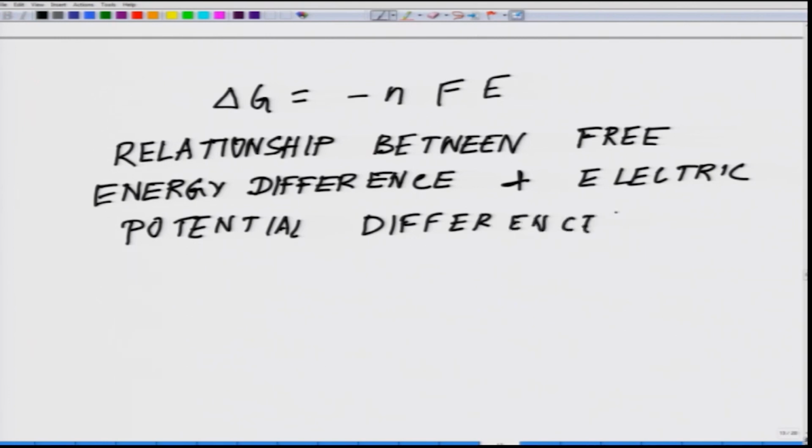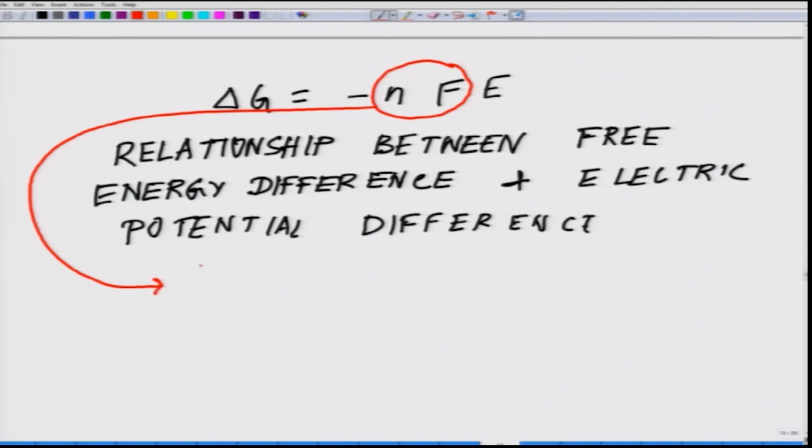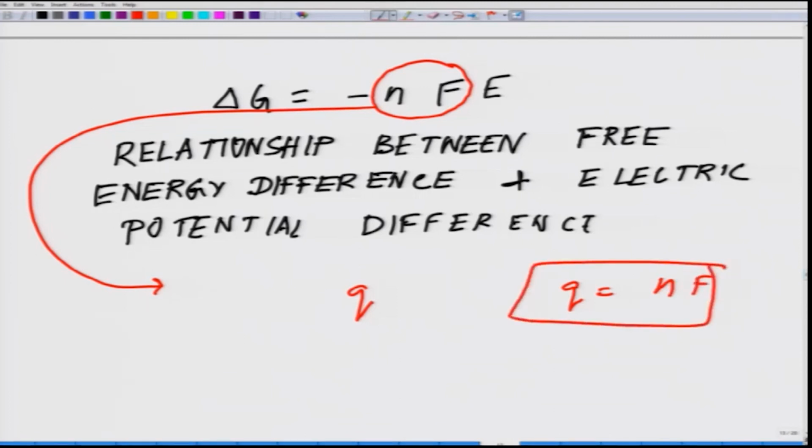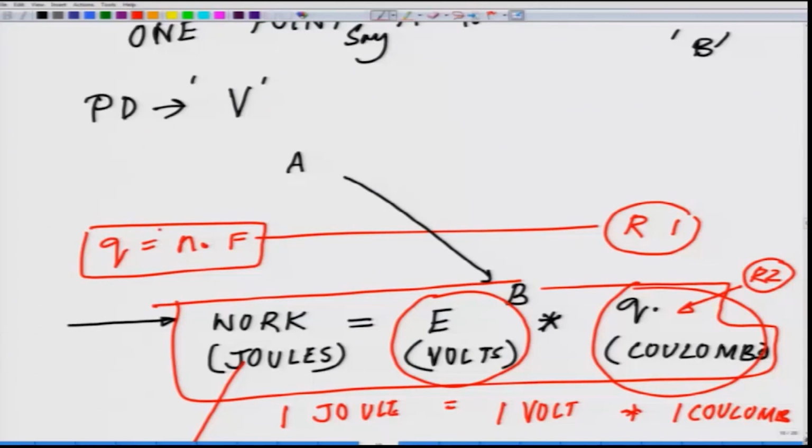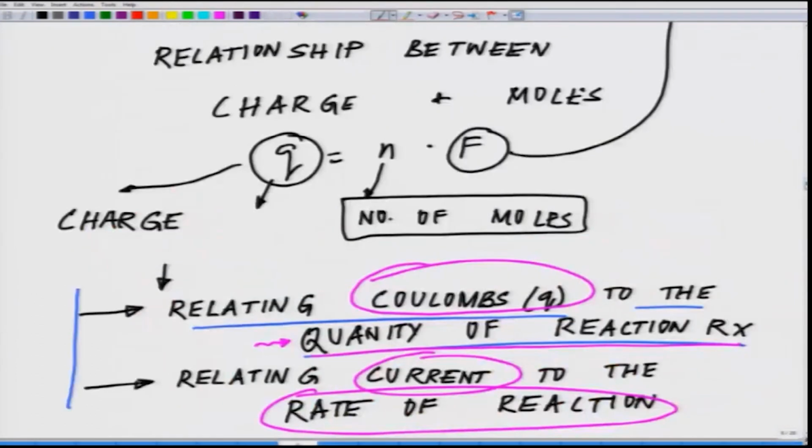In other words, if you look at this term NF, you remember that this term was Q. Q is equal to NF, the total amount of charge, which is the term I wanted to show you. What we talked about, the Faraday's constant. If you remember in the very early classes, here is that relation.